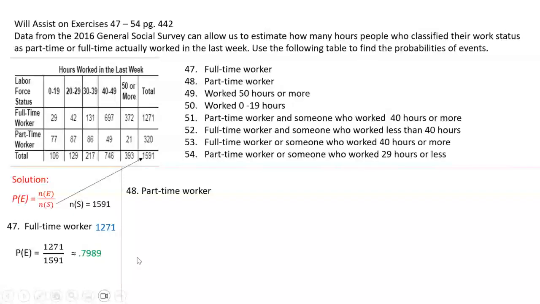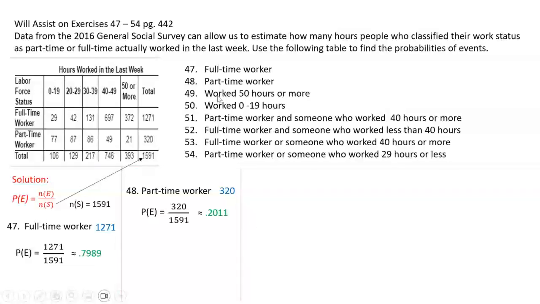Okay. Number 48, a part-time worker. So the probability of a part-time worker is 320. Why? Because part-time worker is 320 over the sample space, which is still 1591. So this will give us approximately 0.2011.